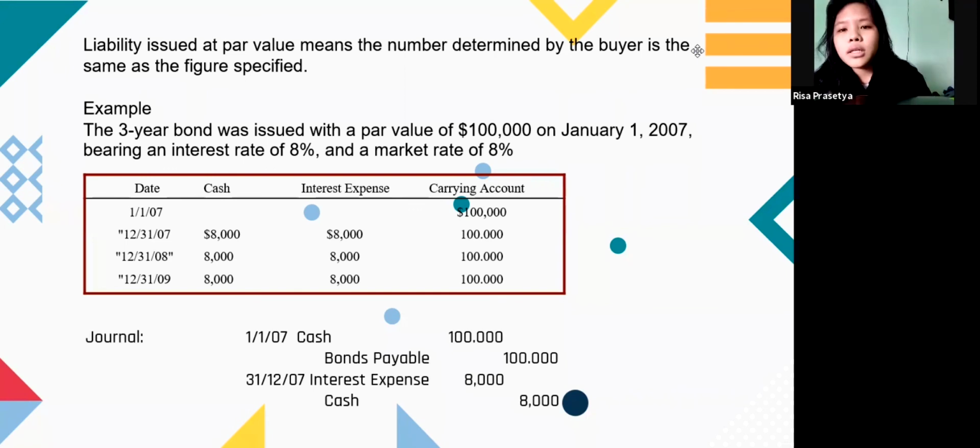The journal on 1st January 2007 is cash on debit 100,000 and bonds payable 100,000. On 31st December 2007, the journal is interest expense on debit $8,000 and cash $8,000.